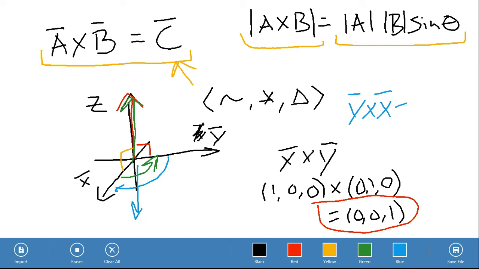So that is minus 0, 0, 1. That serves to reinforce, although I still haven't proved it for you, like I said, I'll do that next time, the property that I mentioned to you earlier, that A cross B is equal to minus B cross A.